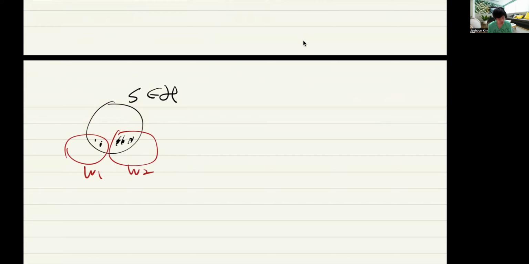But if we know that there is another S prime, which may look this way, and as long as we just consider the uncovered part, S's uncovered part is here, and S prime's uncovered part is here, and S prime's uncovered part is smaller.